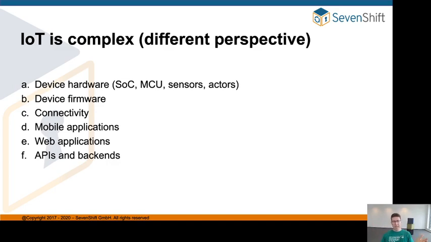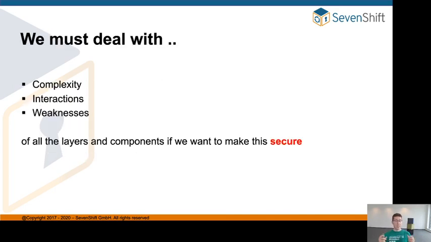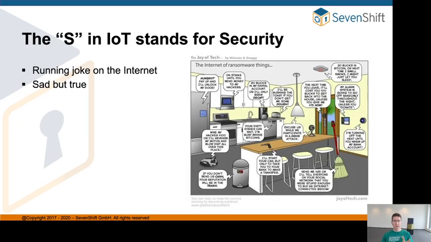And you're probably going to have APIs and backends that are going to be enabling everything to work together. From the security point of view, you actually have to deal with all the complexity of all these different layers, all the interactions, and all the weaknesses present in all of them to actually make a device secure or make an ecosystem secure. And with that, we're going to jump into IoT security.